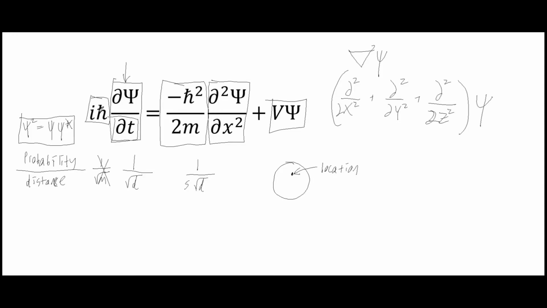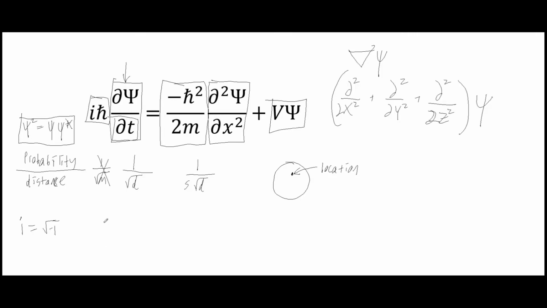And then if we want to look at this i, we know that i is for the imaginary number, and that is equal to the square root of -1. So this essentially is just telling us that the solutions to this are going to oscillate. They're going to be waves.